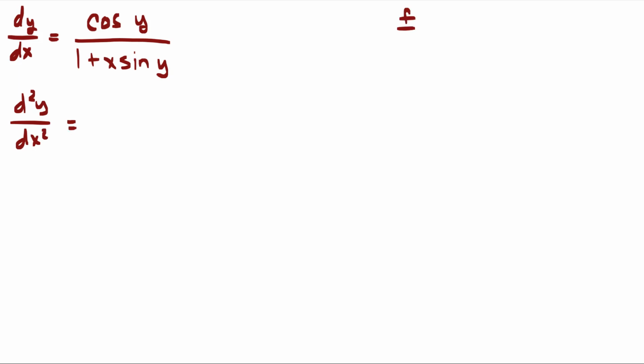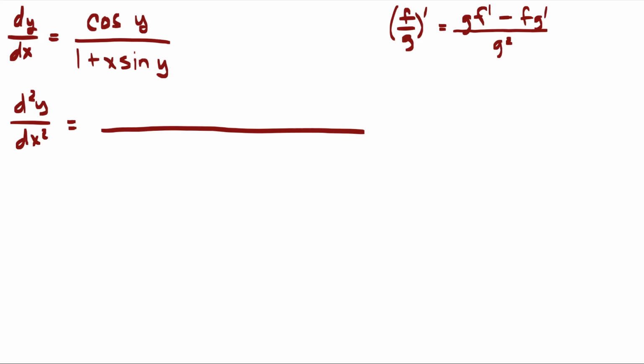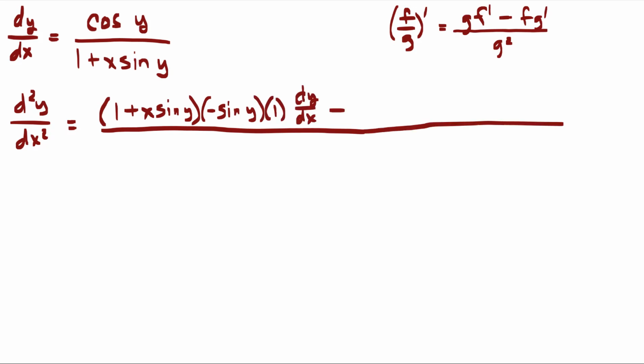And this is the quotient rule, so let's remind ourselves: bottom function, derivative of the top, minus top function, derivative of the bottom, over the bottom function squared. Let's go with it here. Bottom function, no change. Top function, derivative of cosine is negative sine y, derivative of y, dy dx. Minus sign for our quotient.